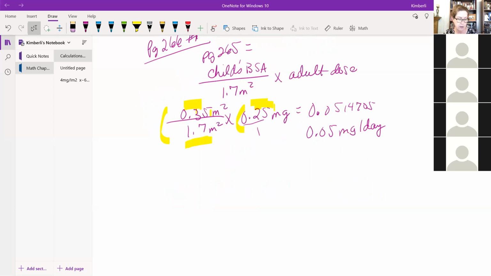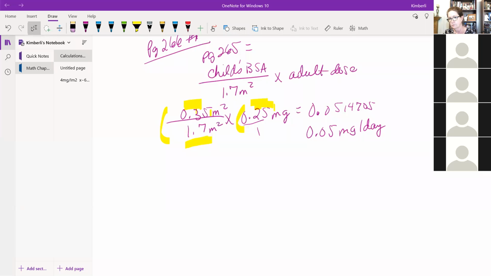Yes. Okay, good. So what's the daily dose of lanoxin in milligrams for the child? That's 0.05 milligrams per day. The child's BSA here was 0.35 square meters. And what volume of medication would be administered per day? So then we have to go back to the available medication: lanoxin pediatric elixir is 0.05 milligrams per milliliter. So what volume would we be giving the patient?